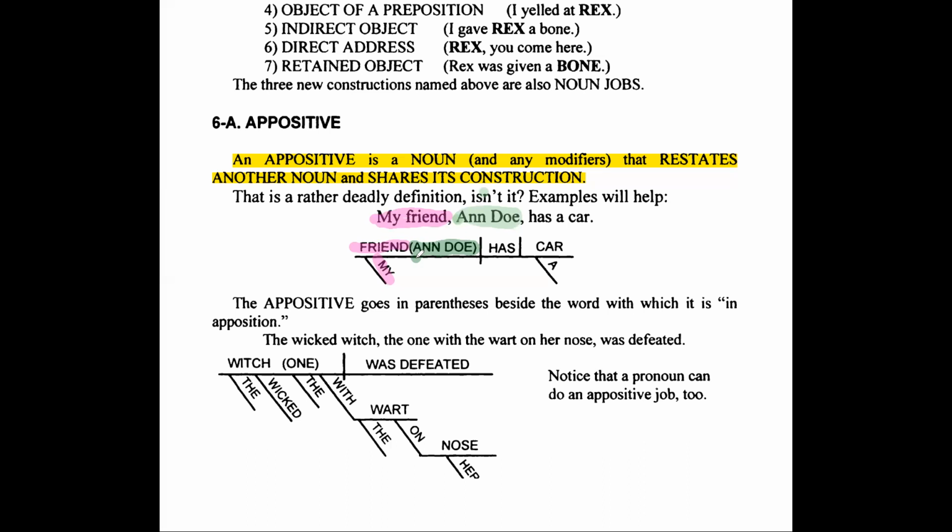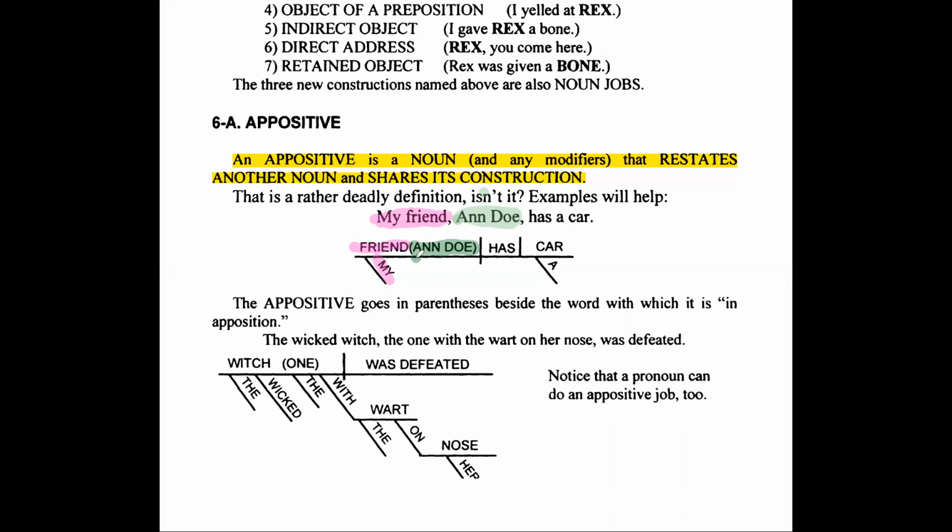It shares the exact same grammatical construction. Here, my friend is the subject, so Ando, it's like it's the subject, right? You just put it next to it, okay? So wherever the original noun is, that's where you're going to put the appositive. So the appositive goes in parentheses beside the word with which it is in apposition.